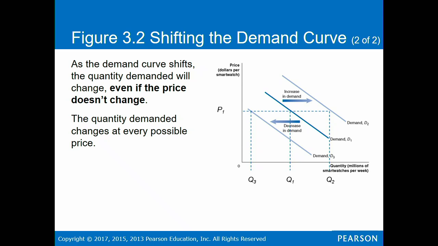Likewise, if the demand curve shifts to the left, decrease, you're going to end up on that same price, but with a lower quantity demanded. So even if the price does not change, you still see the shift in demand causing an effect on the quantity demanded.